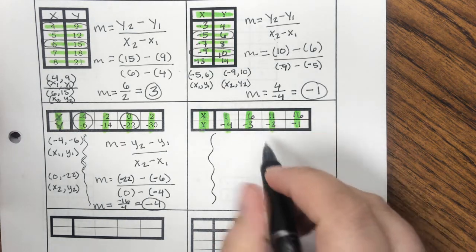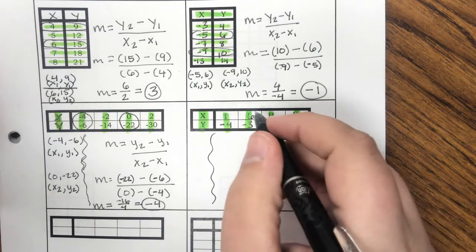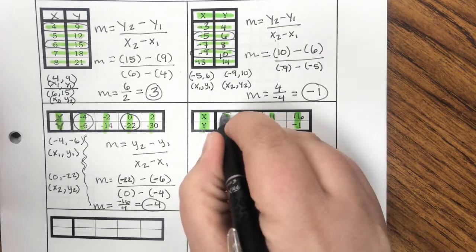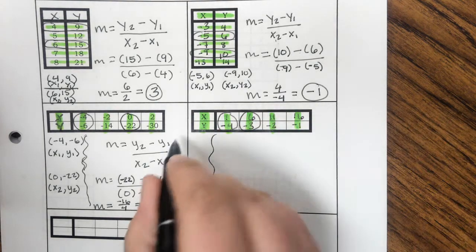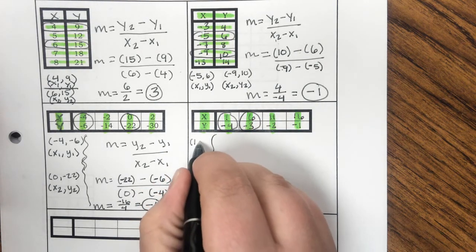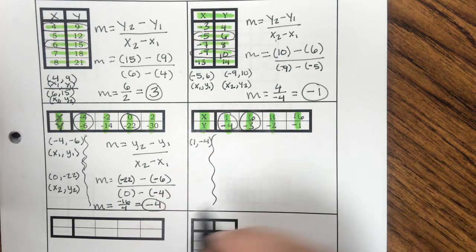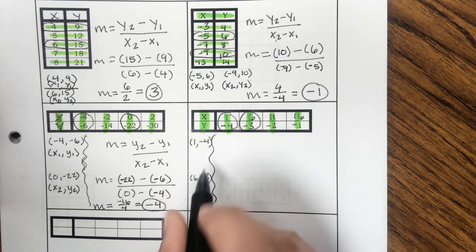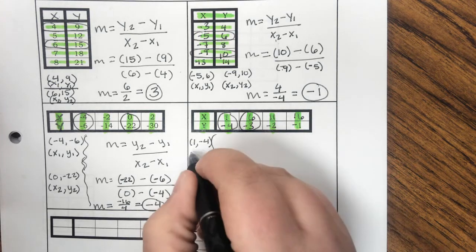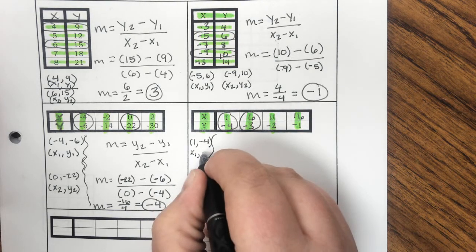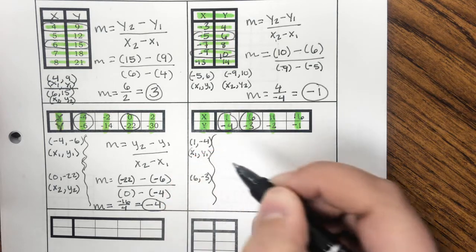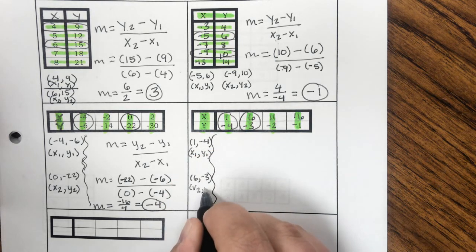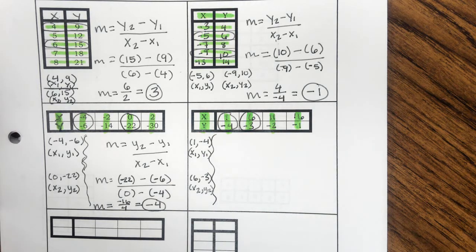I'm going to pick 6, negative 3, and 1, negative 4. And I'll write the ordered pairs off to the side, 1, negative 4, and 6, comma, negative 3. This is the first ordered pair I wrote, so I'll write x1, y1 right underneath it. And right underneath the next ordered pair, I'll write x2, y2, because it was the second ordered pair that I wrote.